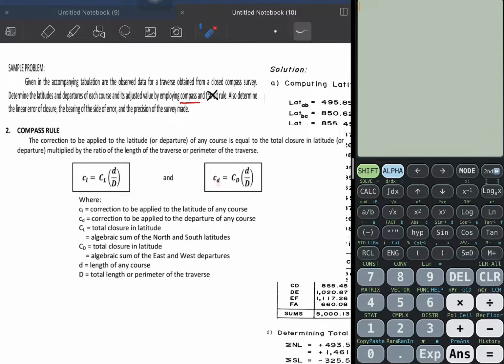Okay, and for the correction to be applied for the departure, that is CD, small letter CD is equal to big letter CD multiplied by small letter d divided by big letter D, where your small letter CL and CD, that is the correction to be applied to the latitude and departure of any course, and then big letter CL and CD, that is the closure in latitudes and closure in departure. This is departure.